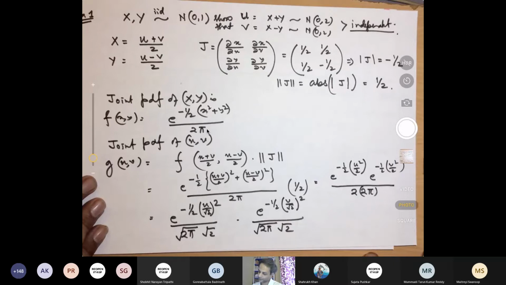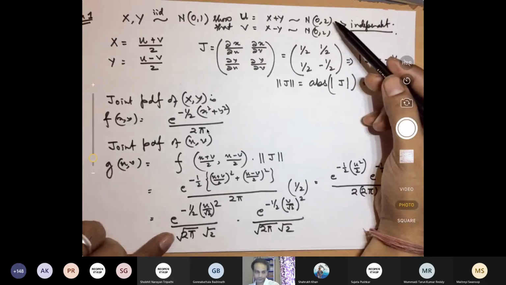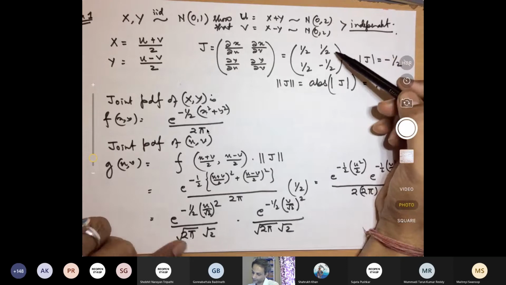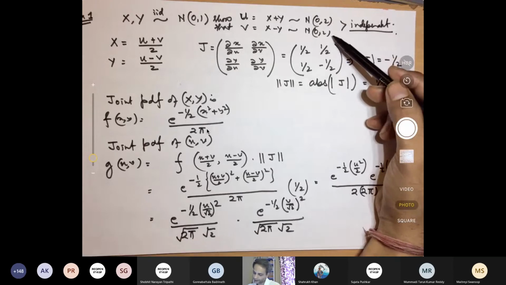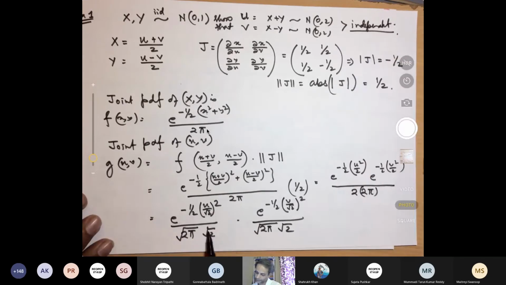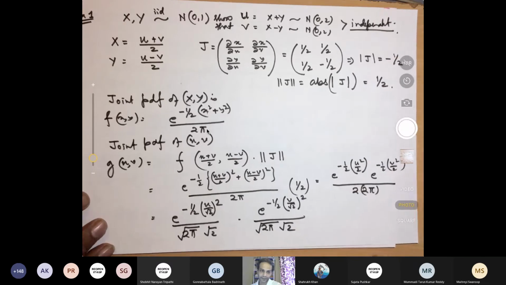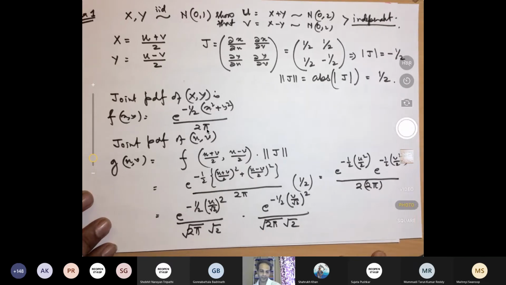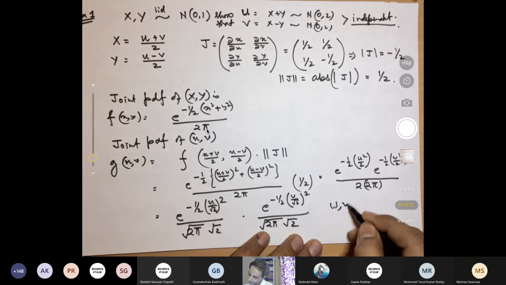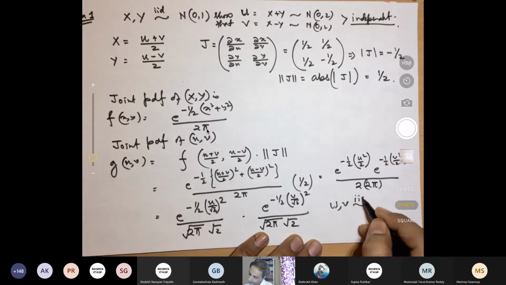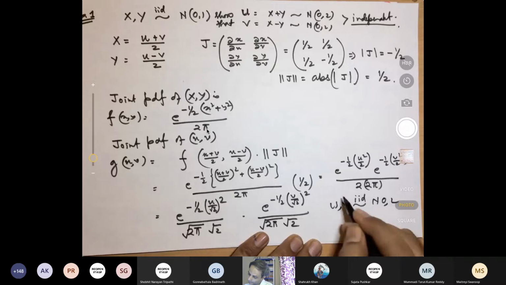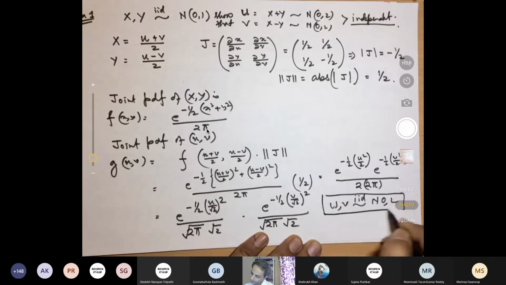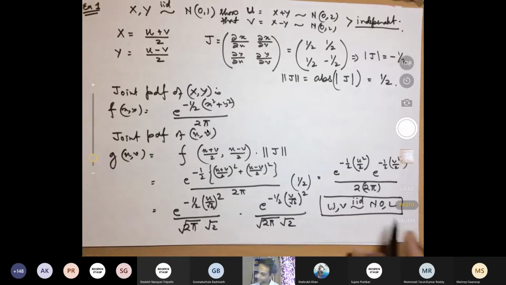So that satisfies all the claims. U is following normal 0, 2, V is following normal 0, 2, and their joint density is the product of their marginal densities, so they are independent. Any problem? So U, V are IID normal 0, 2. That's it.